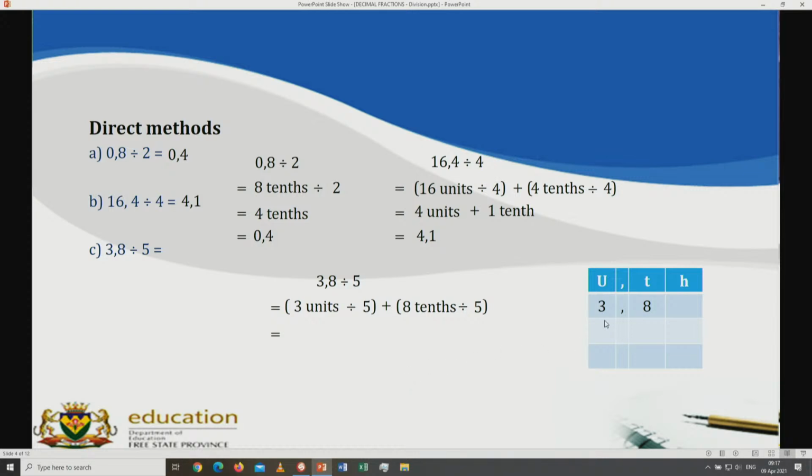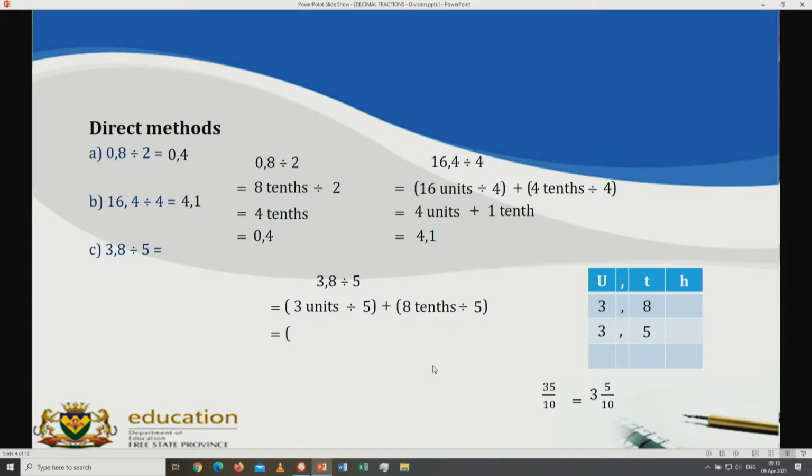Again, we can seek a number that will be divisible by 5. How about taking 35? Out of this 38 tenths, let us take 35 tenths and see what happens when we divide. 35 tenths written as a common fraction is the same as the mixed number 3 and 5 tenths.